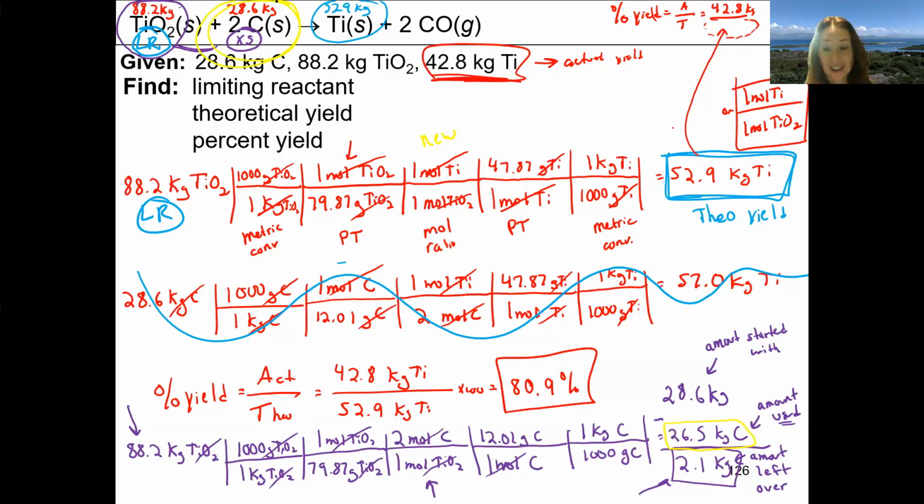Oh, we did something wrong. Something wrong happened in these reactions. This answer should always be smaller than this number, because this is the excess reactant, meaning we should have extra left over, which means we should have used less than that number.